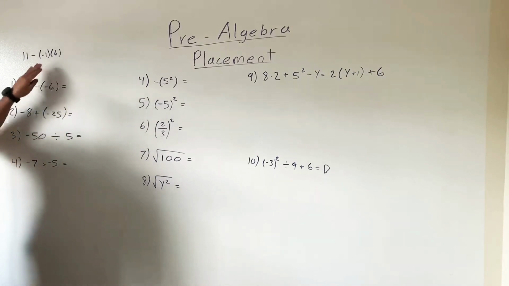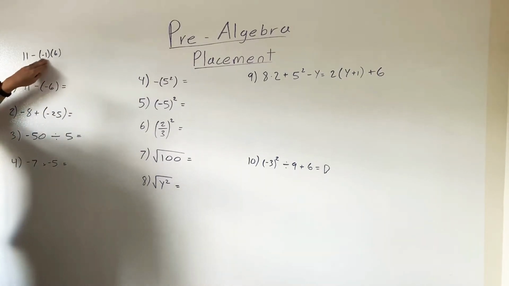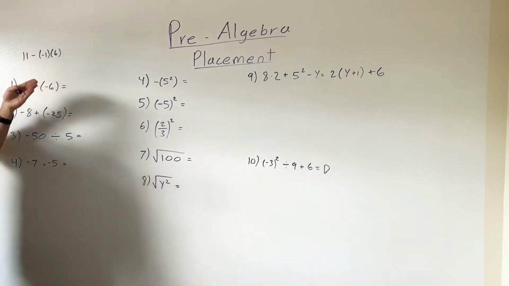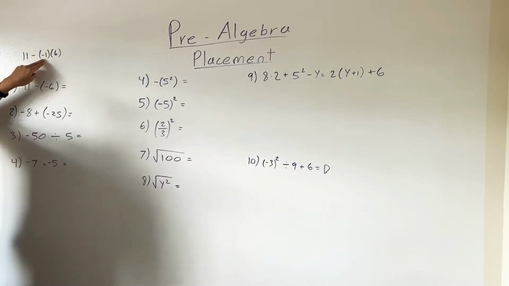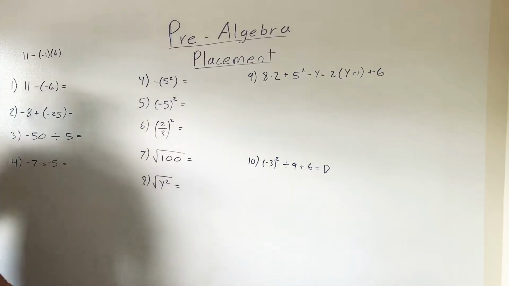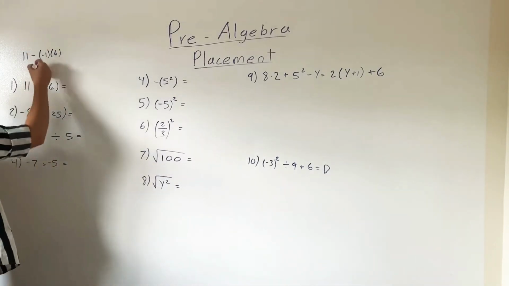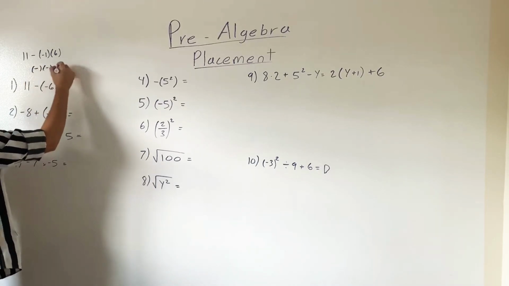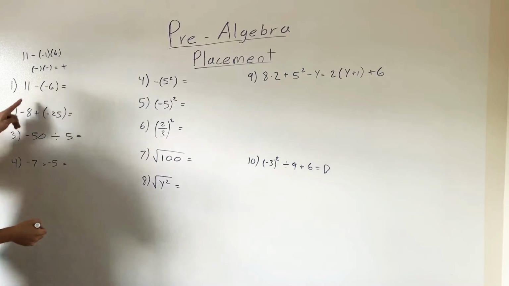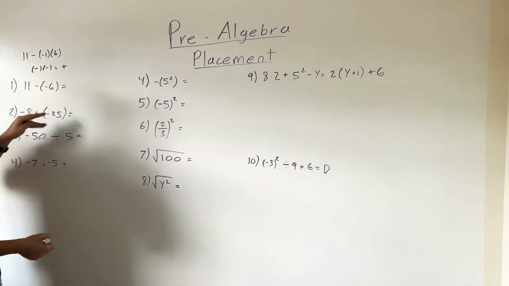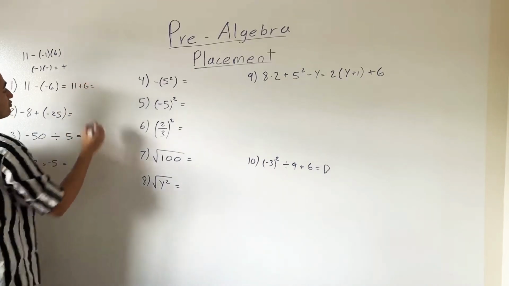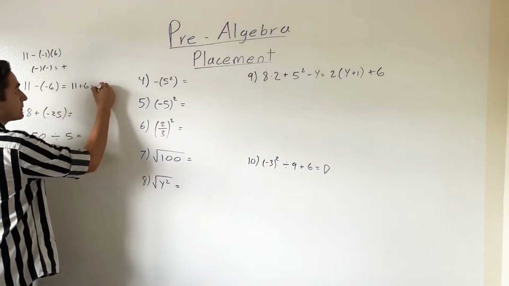Whenever we have a -1 here and a negative sign, we can cancel them and they'll become positive. Or if you feel more familiar with this, you can call it a negative times a negative, and that will always be positive. You can revert back to this theorem that negative times negative always equals positive. So here, this becomes 11 plus 6, which will give us 17.